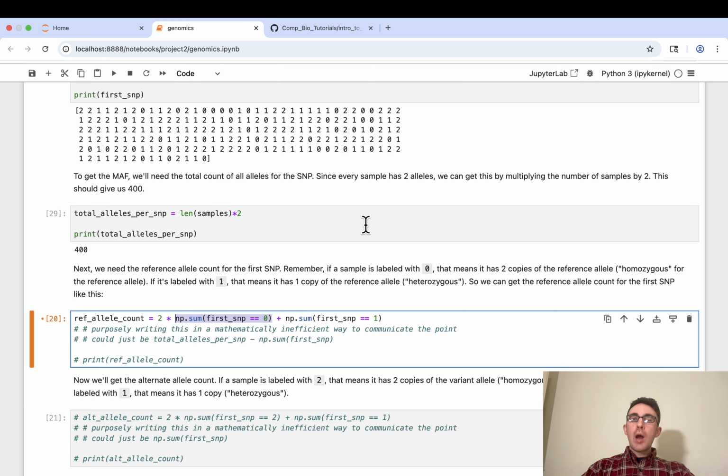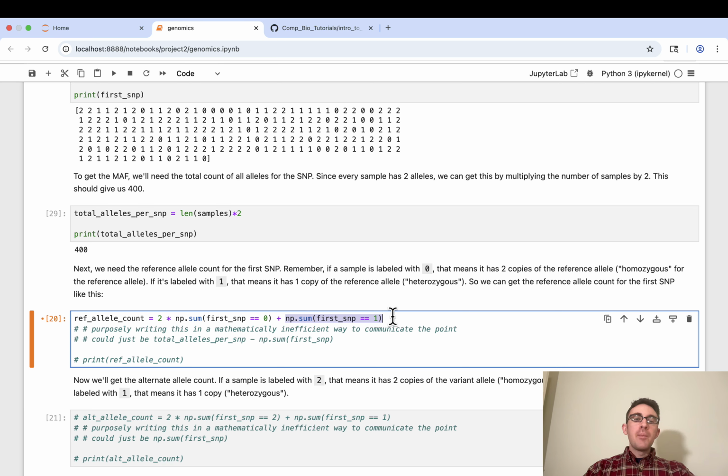Every time we see a 1, that means they have 1 copy of the alternate allele, which means they must also have 1 copy of the reference allele. So the total number of reference allele copies is all of the zeros times 2, plus all of the 1s times 1. I didn't put the times 1, because that's redundant.